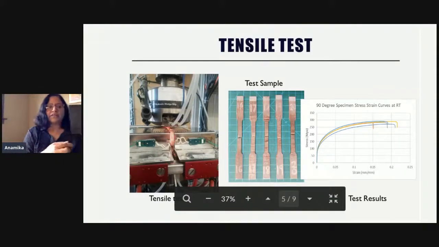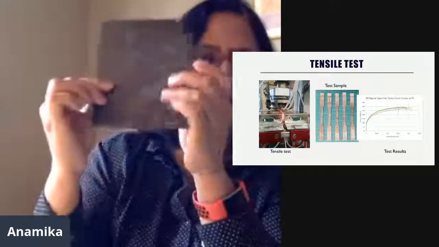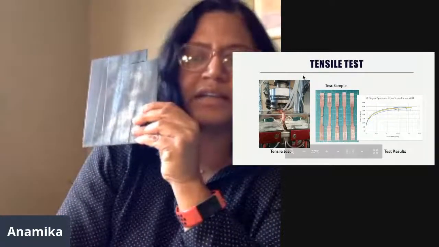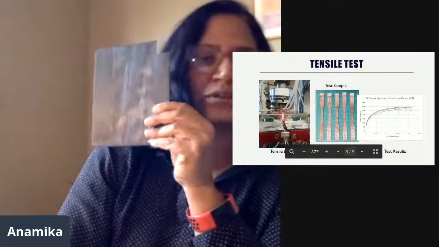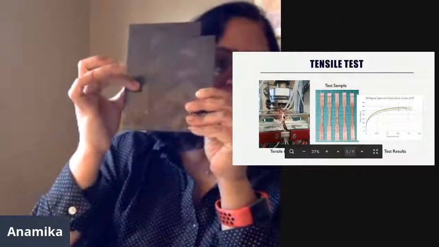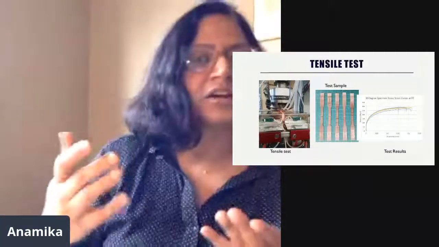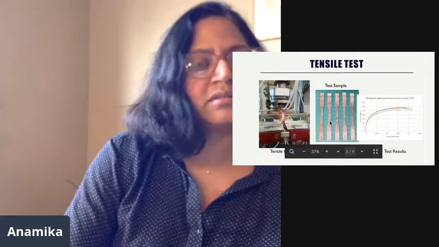Again, we cut strips from this original material, make it into a tensile sample, and subject it to a tensile testing machine. There is a heating element, so we can test it at different temperatures to find out when the failure will happen. And these samples show a failure.